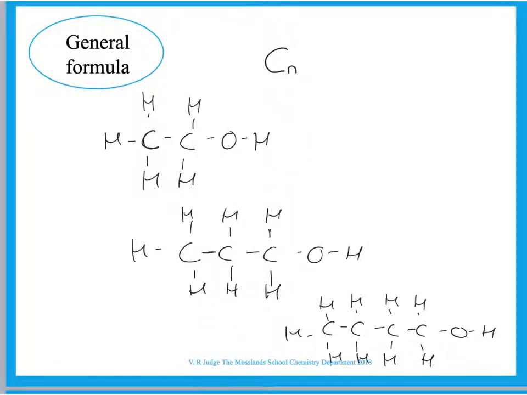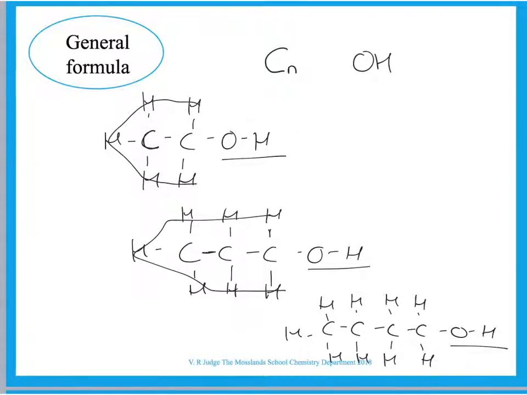For any number of carbon atoms, you can work out how many hydrogens and other things it would have. Now we know they've all got an OH group on the end, so we know it's going to end with an OH. But in terms of algebra, how do we work out how many hydrogens are here, here, and here? Because that's the bit that we're missing in the middle.